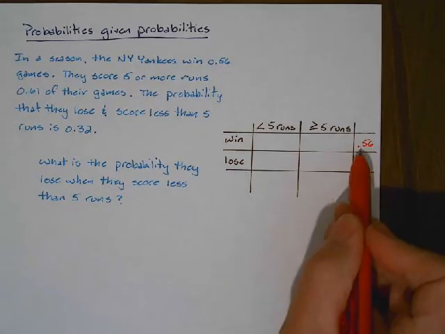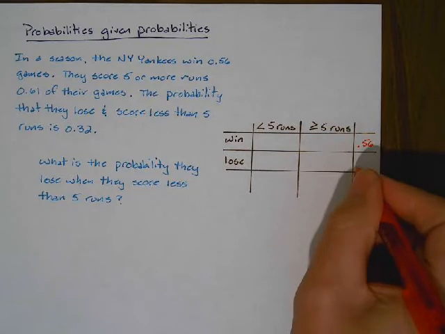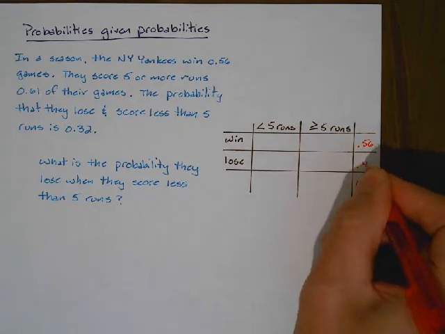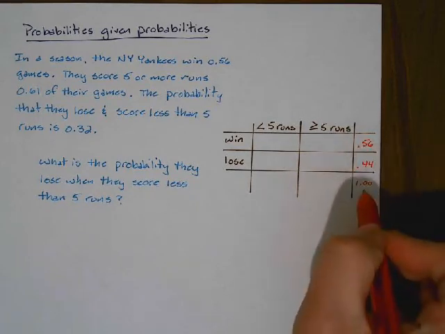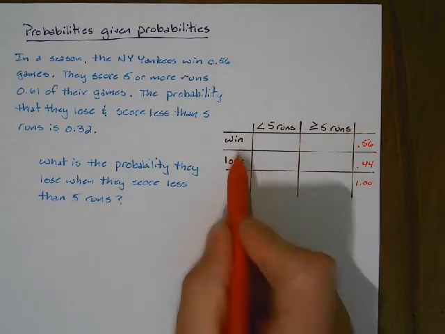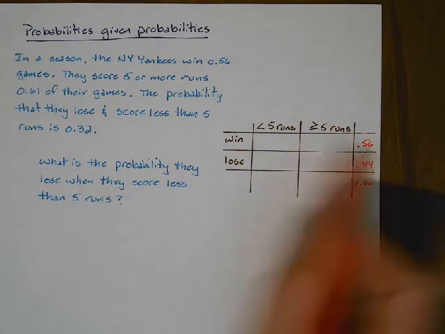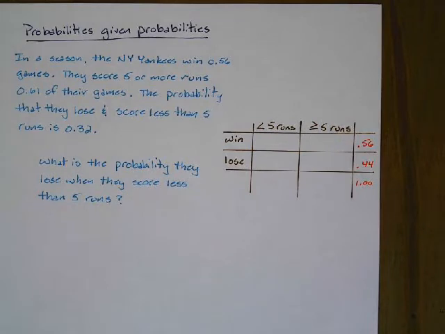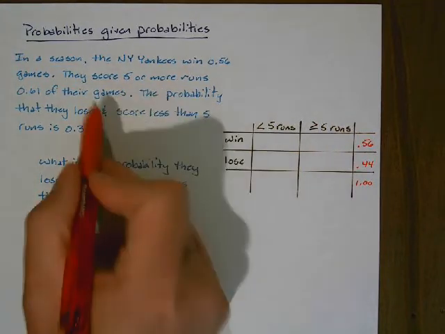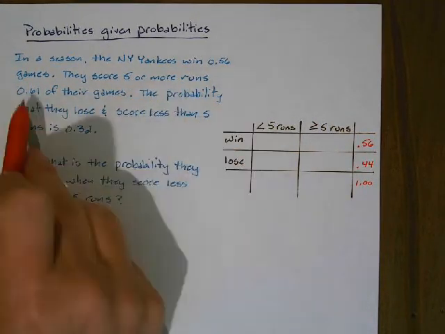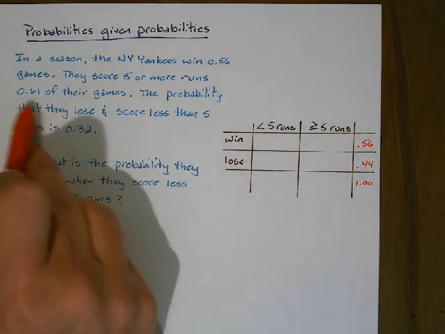So if they're winning 56% of the time, that means they're losing 44% of the time, because it has to add up to 100%. So they're going to win 56% of their games. That means they're going to lose 44% of their games. Okay, the next thing it says is they score 5 or more runs 61% of the time, 0.61.